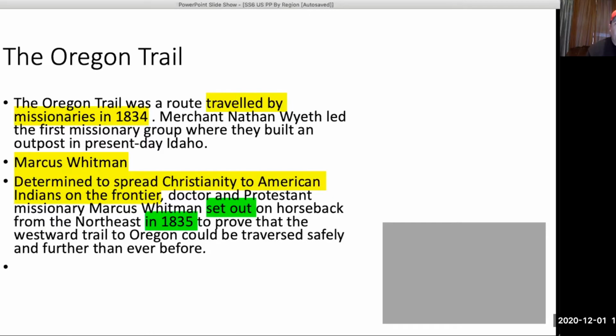Okay, there was another man named Marcus Whitman. Okay, he was determined to spread Christianity to American Indians on the frontier. Okay, he was a doctor and Protestant missionary. He set out on horseback from the Northeast in 1835 to prove that the Westward Trail to Oregon could be traversed safely and further than ever before.